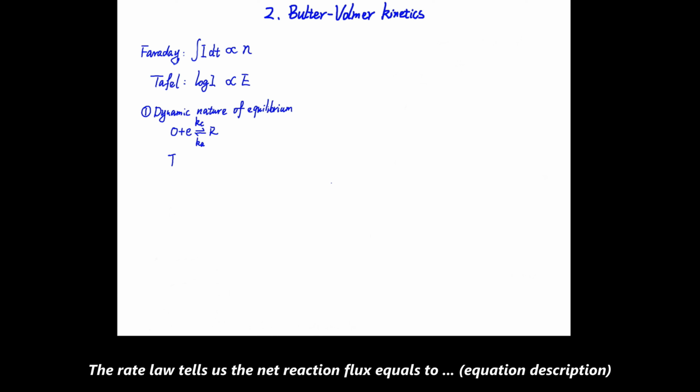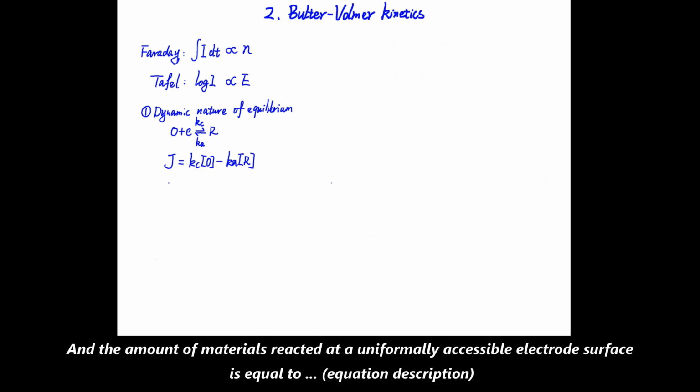The rate law tells us the net reaction flux equals kc times the concentration of O minus ka times the concentration of R. And the amount of materials reacted at a uniformly accessible electrode surface is equal to J, times A, the electrode area, times t, the reaction time.